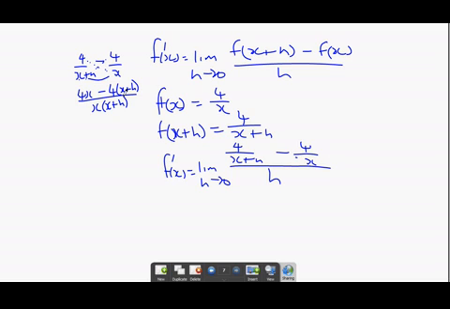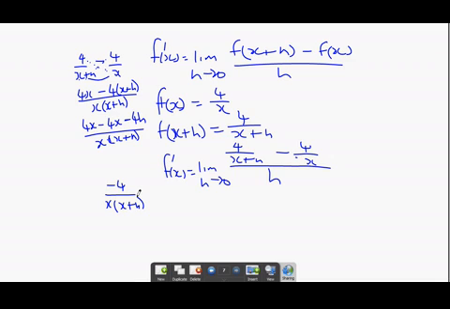And now we can simplify. It's going to be 4x minus 4x, again minus, because outside the bracket there's a negative, and then you're going to have 4h divided by x bracket x plus h. This will simplify to minus 4h over x bracket x plus h.